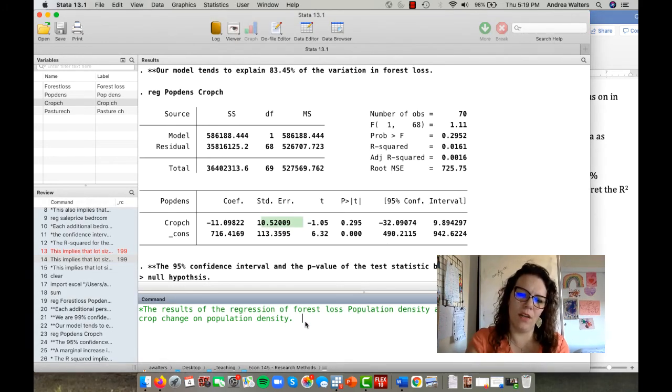And then I would not use crop change to explain variation in population density in the future.